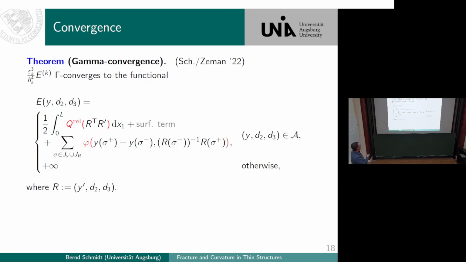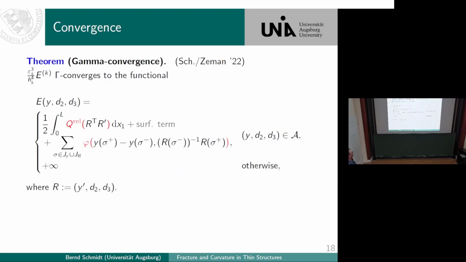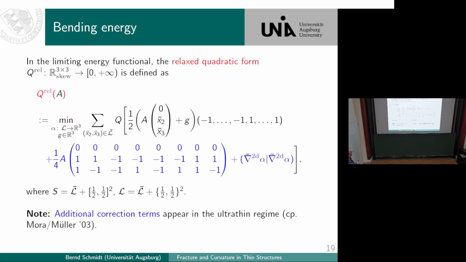Now, this elastic part, I should say, I would not talk too long about this, because this can be computed explicitly. So we have explicit formulas also for the surface term.